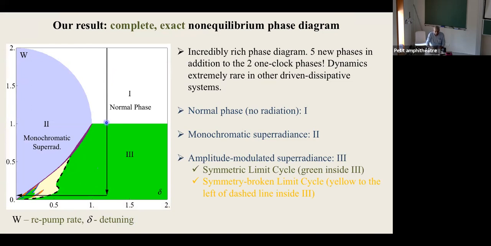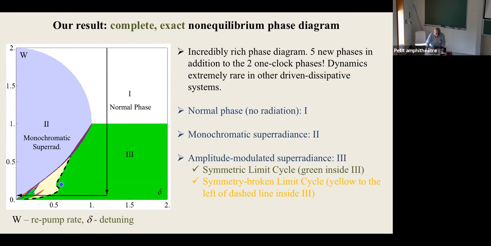So first of all, we have a transition, or equivalently bifurcation, from this normal phase into symmetric limit cycle. So symmetric means that there is a certain Z2 symmetry between ensembles, and the limit cycle has this symmetry.